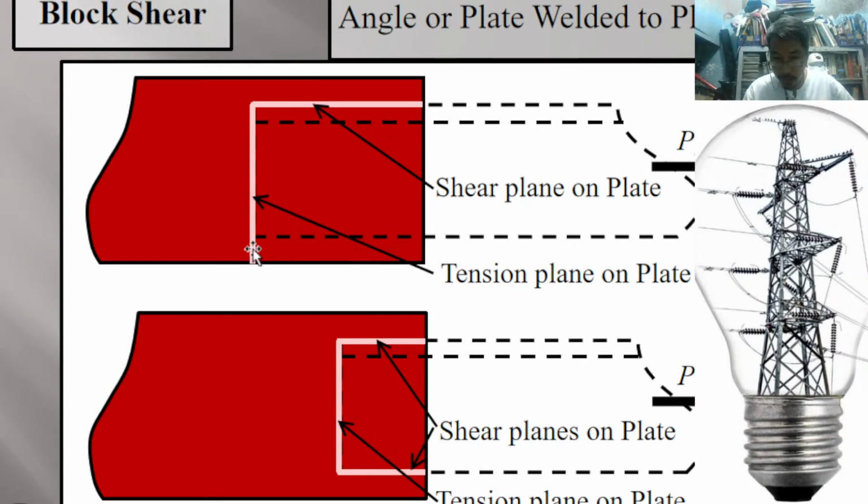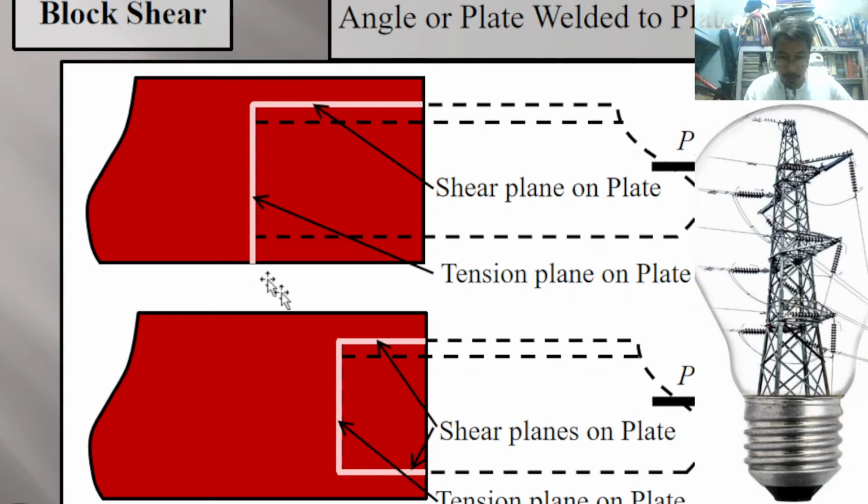It's not following the welded edge line. We are following the edge of the weld here, but now it did not follow the weld here, but goes through the shortest distance. This is the shortest distance of failure rather than going here and failing here. So it is one block.